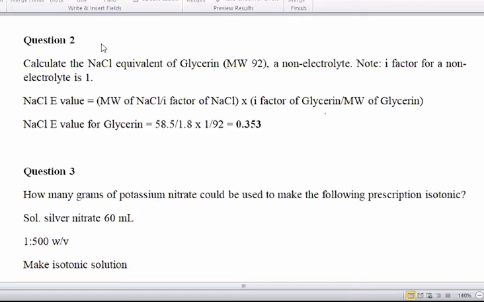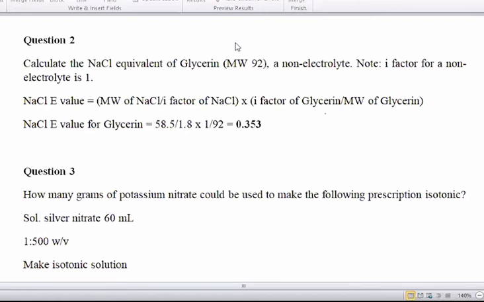So even if you know what we require is this, you use it for calculations, but when preparing, you use the best choice or the suitable ingredient or excipient. So we look at silver nitrate being used to prepare an isotonic solution.